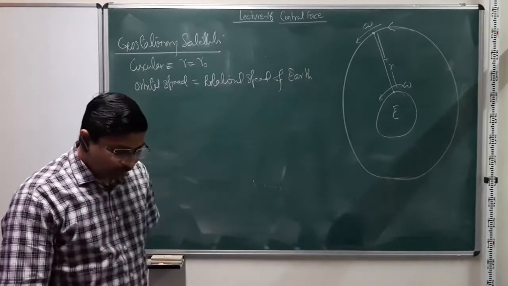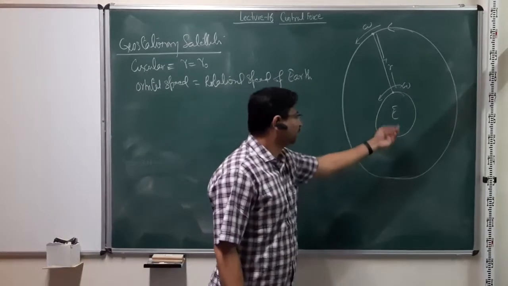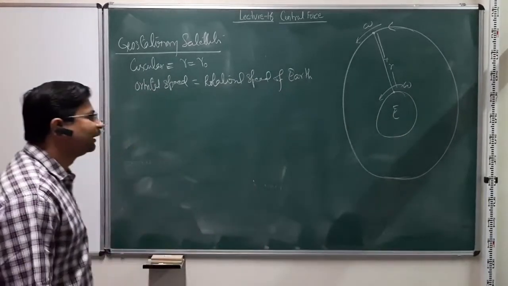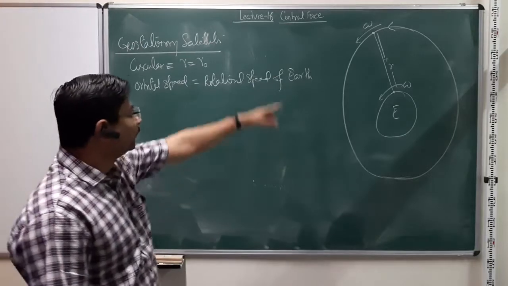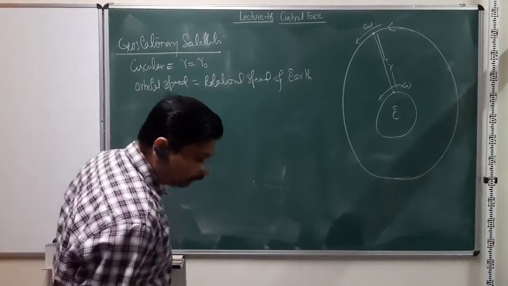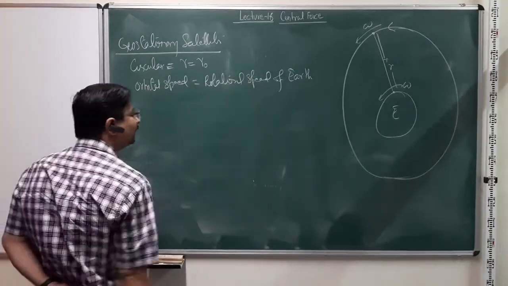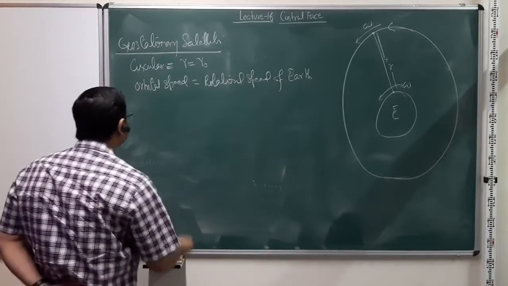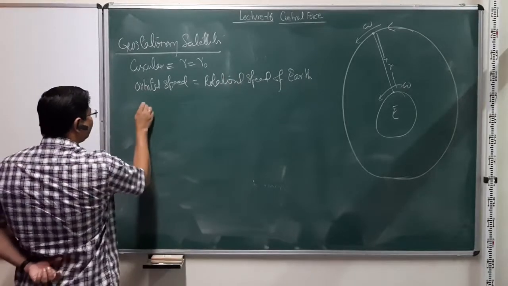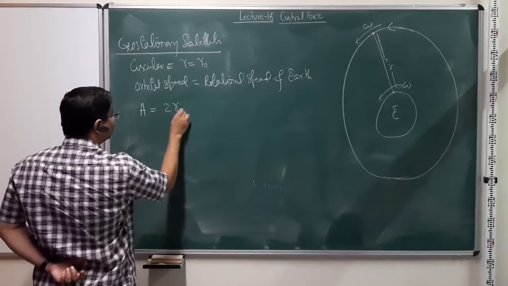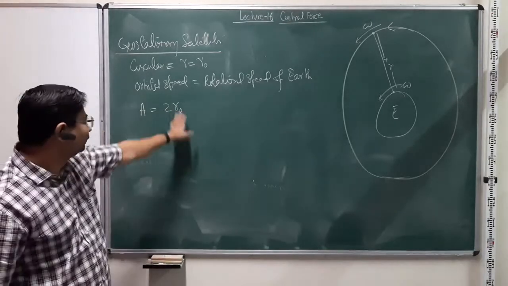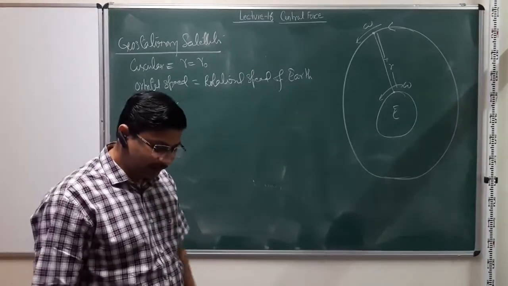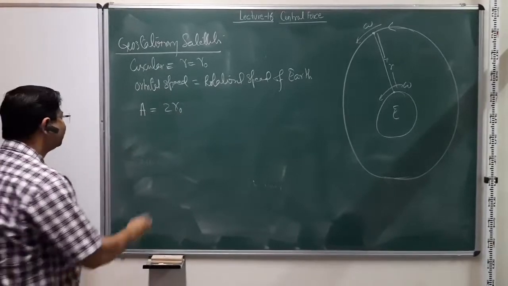Right? So we know the rotational speed of Earth. It goes 2 pi radians in 24 hours. So that should also be maintained there. And now from here, we can try to find out the semi-major axis or this distance r. So A in this case is going to be twice r0, as it is a circular orbit. So r min plus r max, simply A, is twice r0.